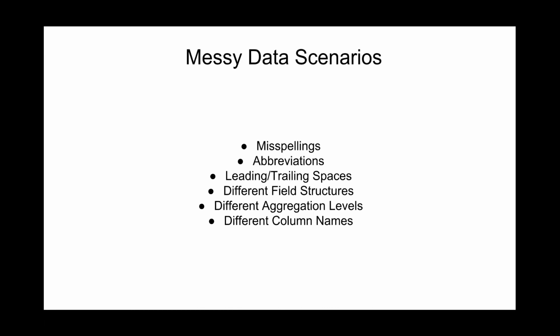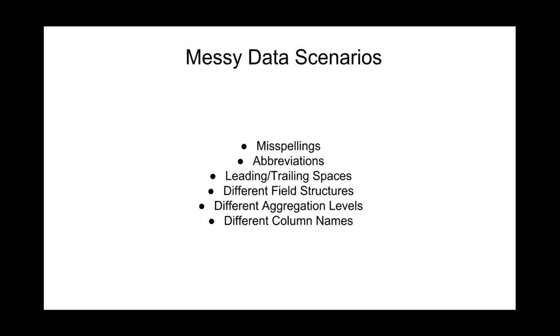We're going to talk about what happens when you've got misspellings in your data, maybe abbreviations like Washington State versus WA. We're going to look at how to clean up things like leading and trailing spaces. We'll talk about what to do when your fields, the actual data that you have, have different structures.